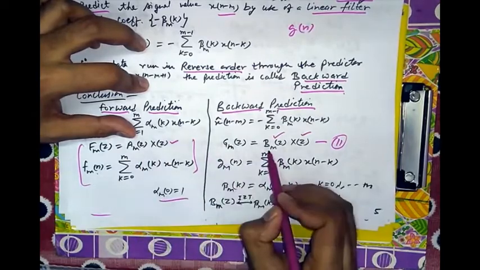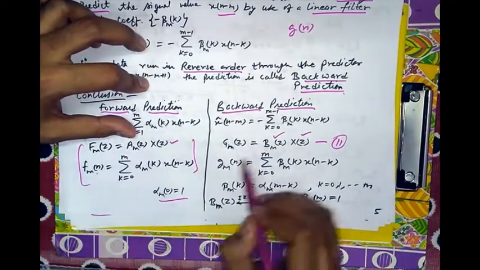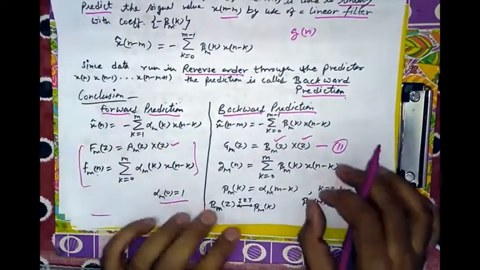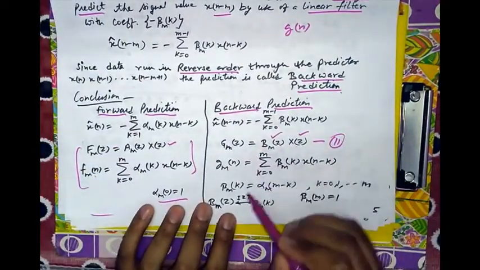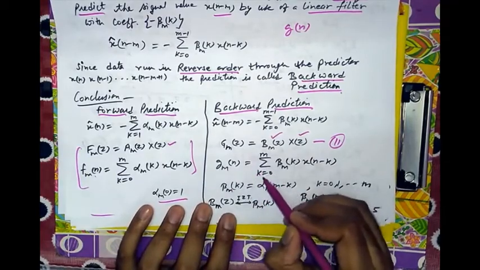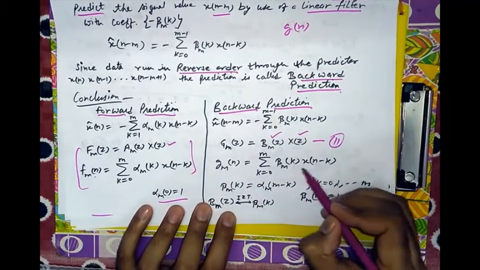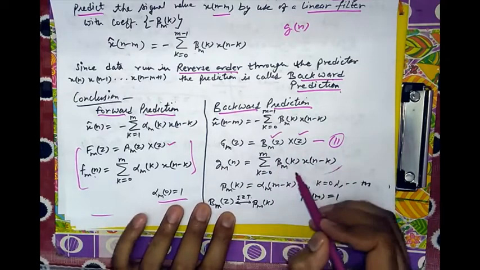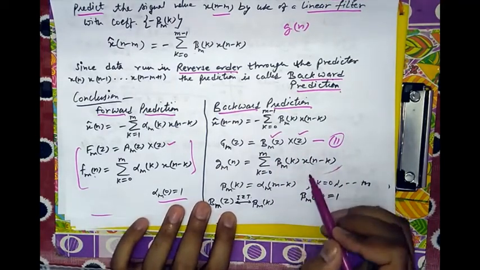Bm(z) is the reverse polynomial of Am(z), and Gm(z) is the output of that backward prediction filter. Now again in the time domain, Gm(n) is equal to the sum over k from 0 to m of beta m,k times x(n minus k), and it is also a convolution sum.